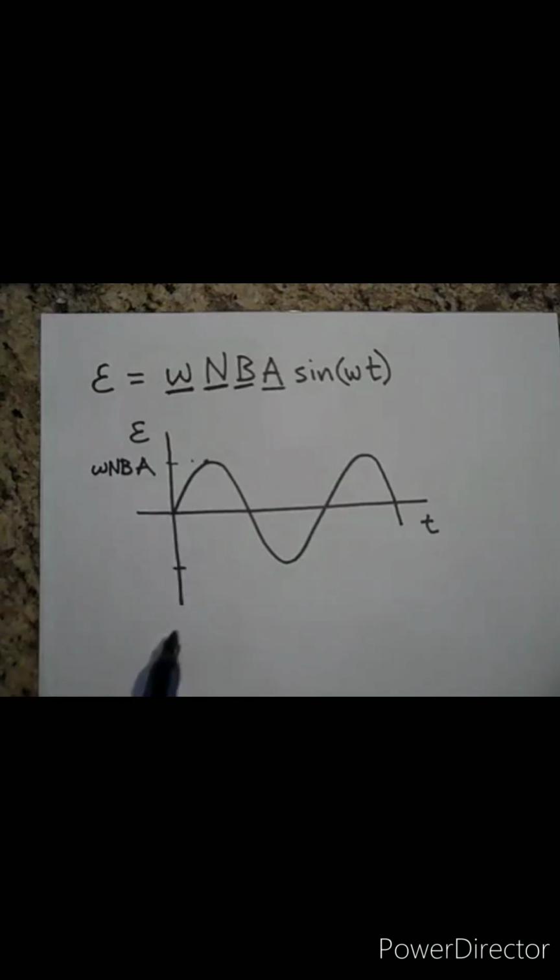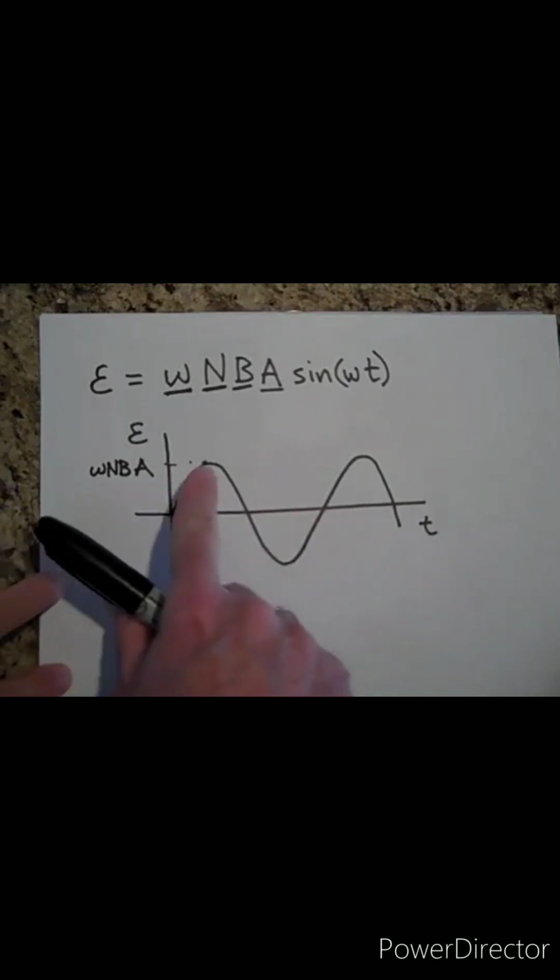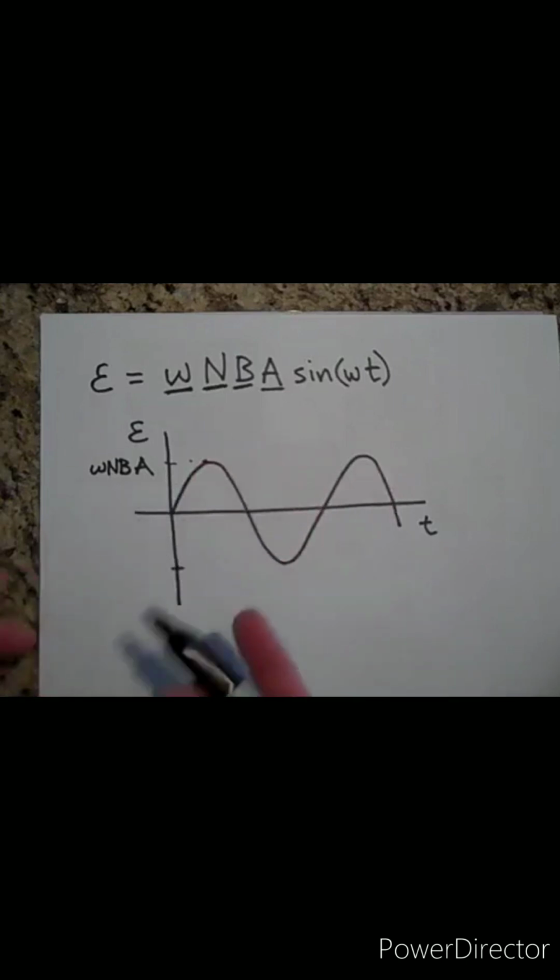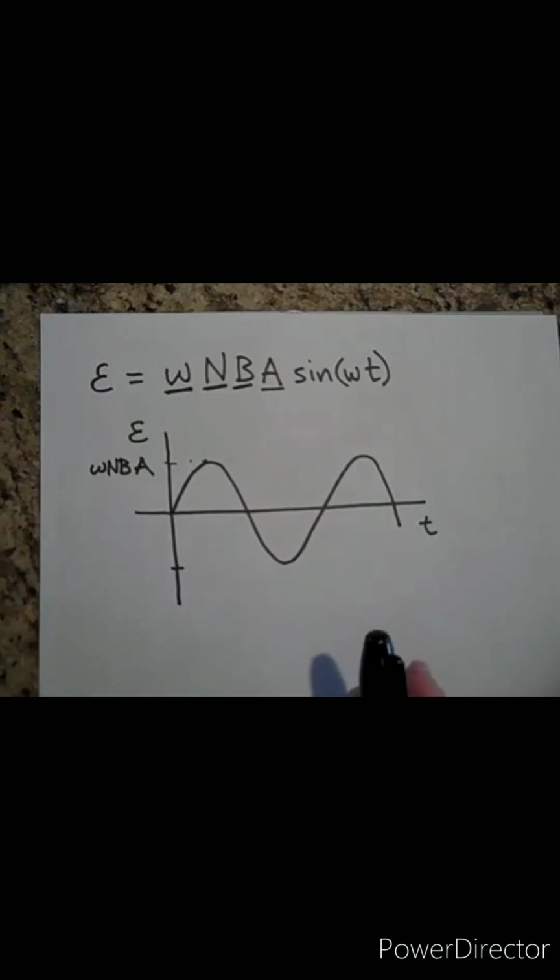And that's if I'm turning with a constant omega, so you're not generating constant power. There are ways to make it a little bit more constant than this, but what you would be making is an alternating voltage, which is connected to alternating current.